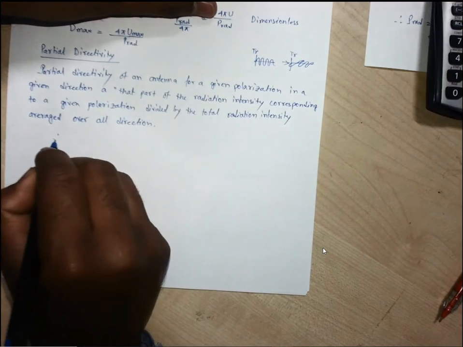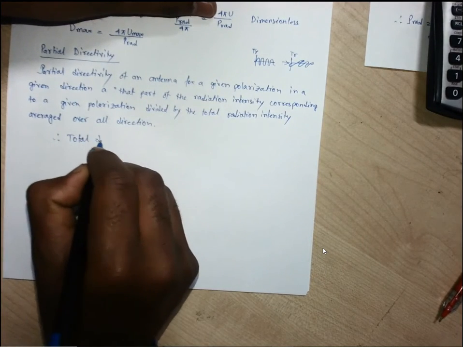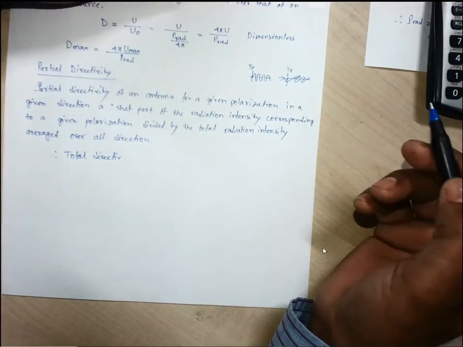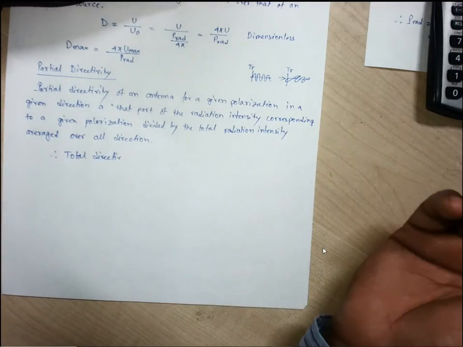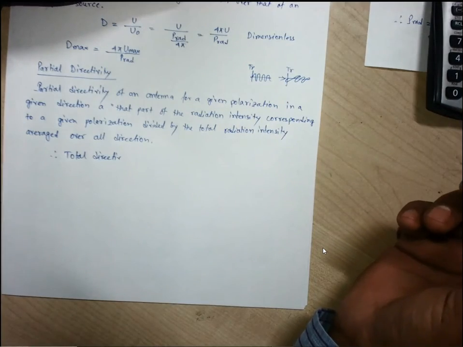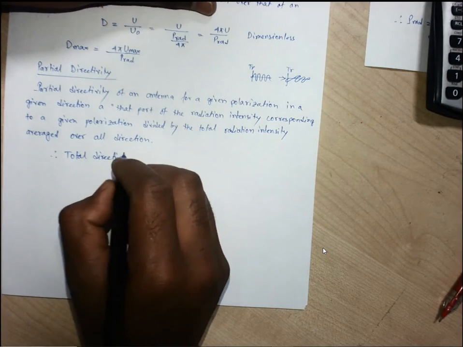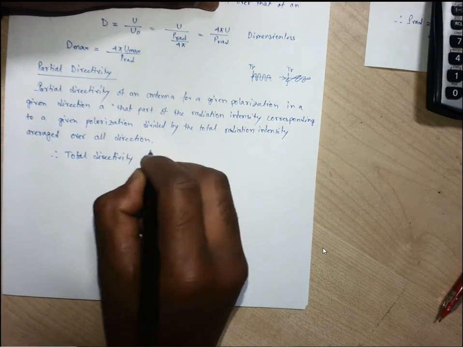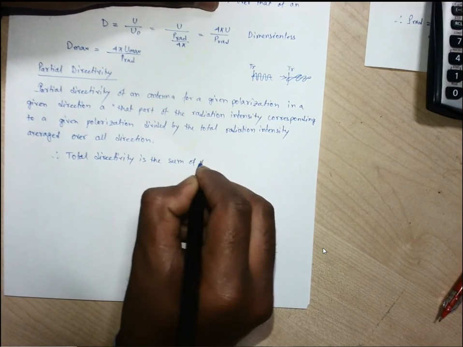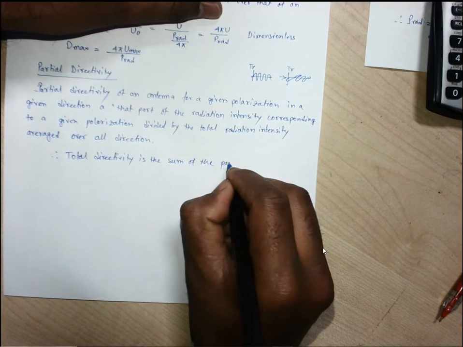So we can say the total directivity, the vertically polarized wave directivity may be different from the horizontally polarized wave directivity. So this total directivity is the sum of the partial directivities.